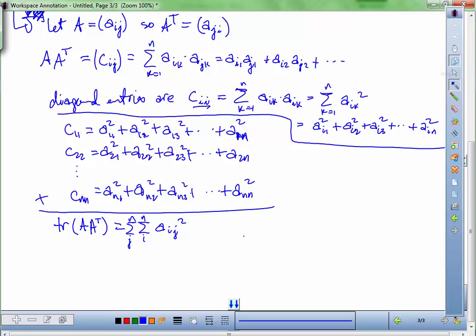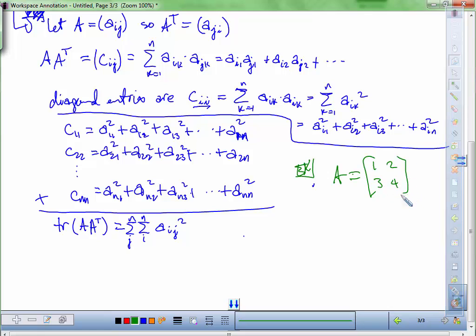So what we're saying here is that if A was equal to 1, 2, 3, 4, and we want to multiply A times A transpose and then take the trace of that, this should equal 1 squared plus 2 squared plus 3 squared plus 4 squared.